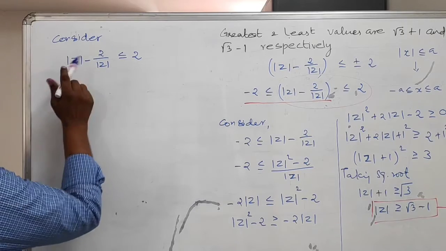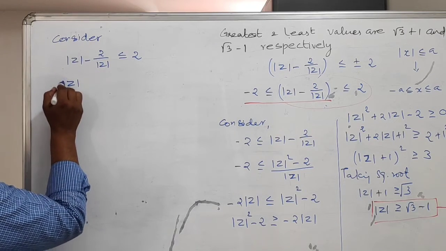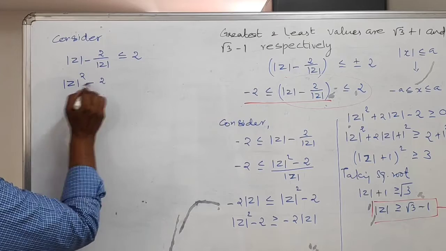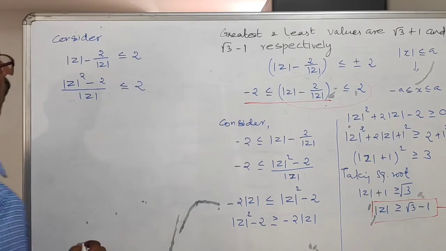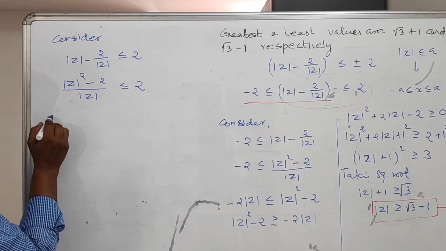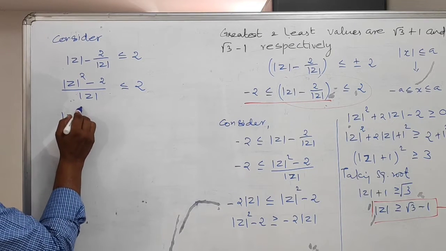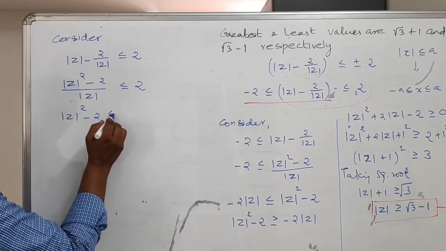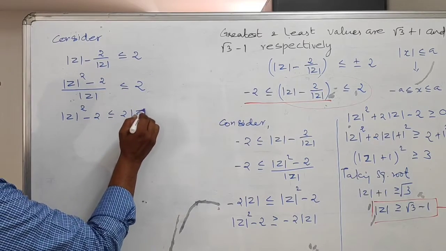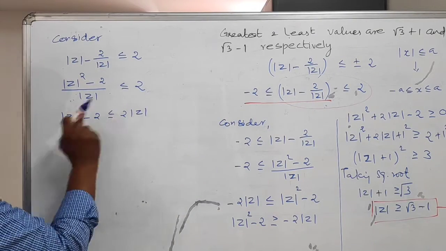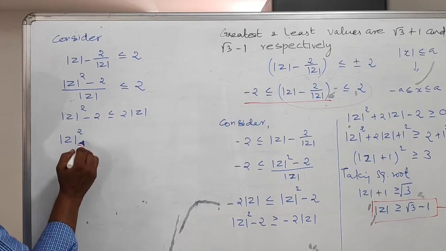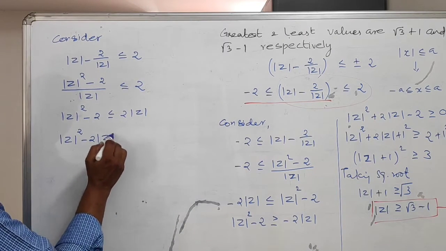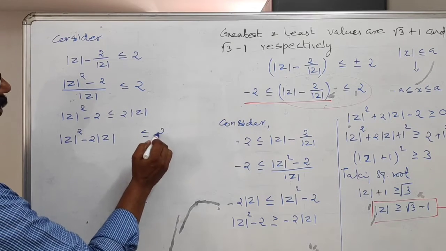You can take |z|² − 2 ≤ 2|z|. You bring this side and that side, you can write |z|² − 2|z| ≤ 2.